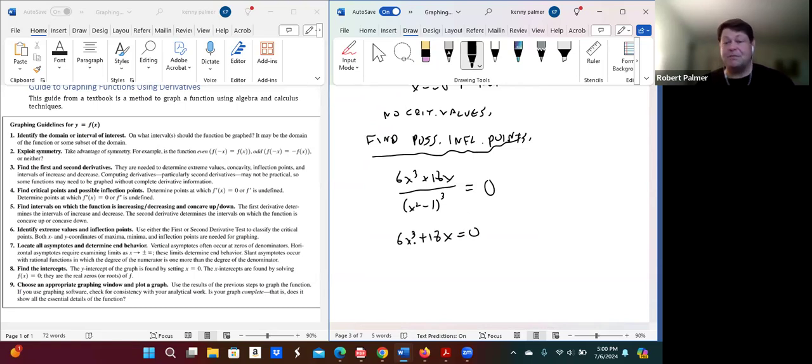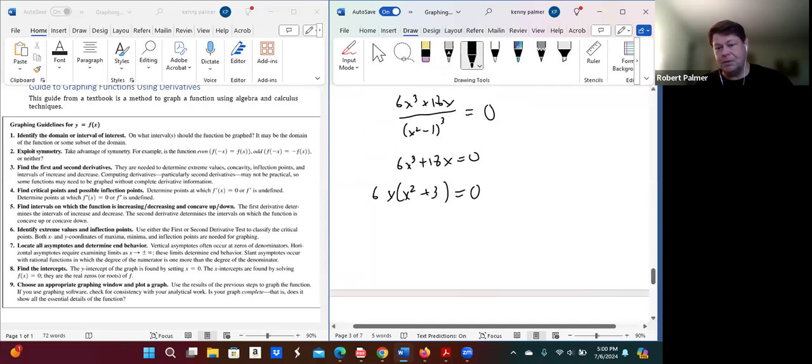Okay, now let's factor this. You have to factor this. So take a 6x out. And if we take that out, what we're left with is just x squared plus 3. Okay, and set each one equal to 0. And so 6x equals 0, and x squared plus 3 equals 0.